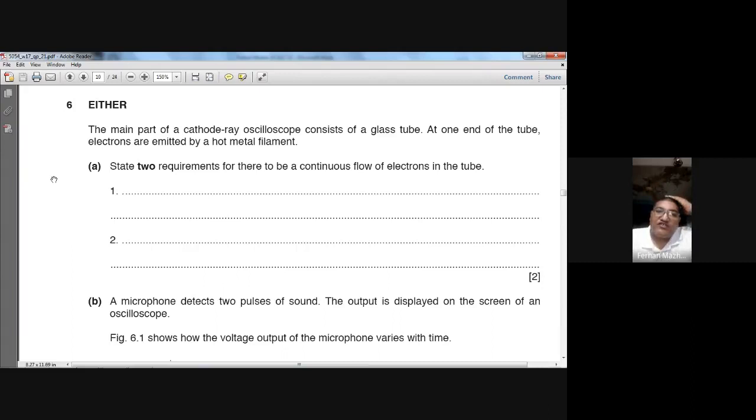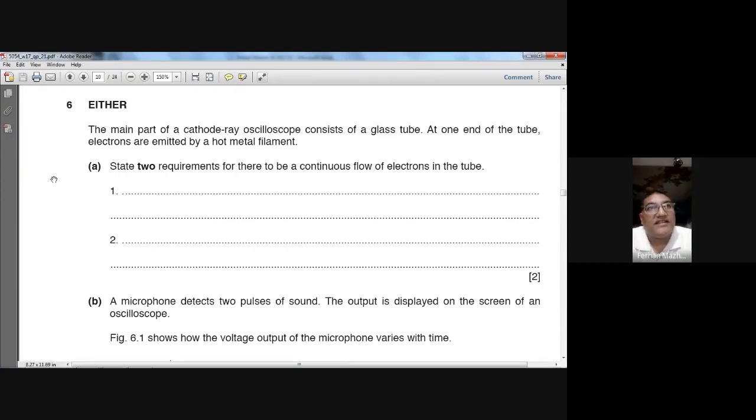Anode means a positive terminal of the battery. This electrode, the anode, is at a very, very high voltage. Because electrons are negative, they are attracted to that positive anode, and so the electrons accelerate. To make sure there is a continuous flow of electrons, we provide an anode there.